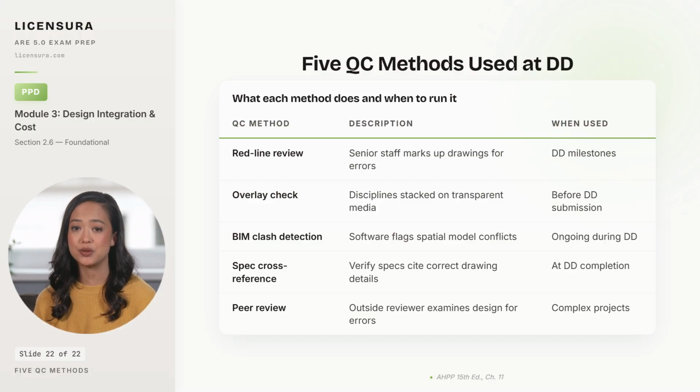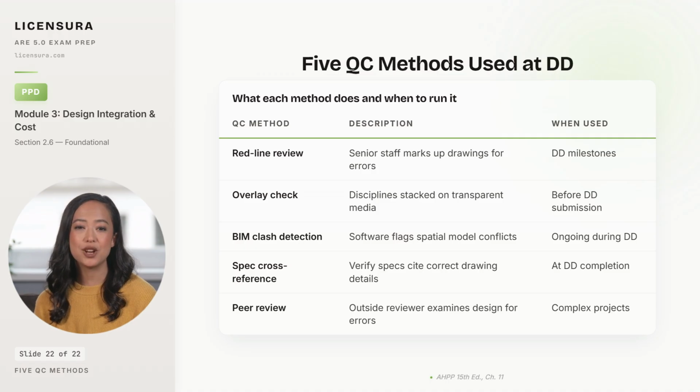BIM clash detection runs continuously during DD, identifying spatial conflicts between disciplines automatically. But remember that the software flags the conflict, and people must still resolve it. Specification cross-reference at DD completion verifies that the specs reference the correct drawing details and that drawing callouts cite the correct spec sections, and this is empirically the highest yield single review on most projects.